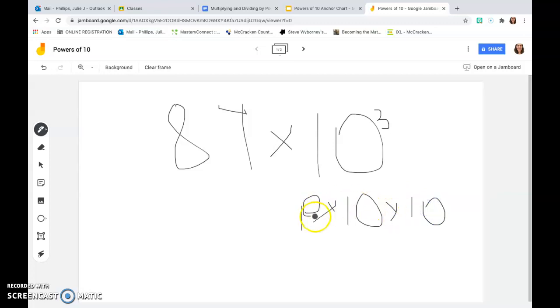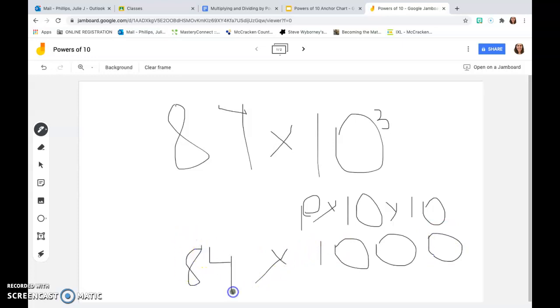Sorry, this whiteboard's kind of hard to write on. So 10 times 10 times 10, that would be 1,000. 1 with 3 zeros. So I'm going to multiply 84 times 1,000. That means I'm moving my 84 over 3 times in my place value.